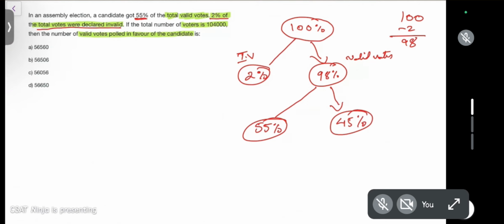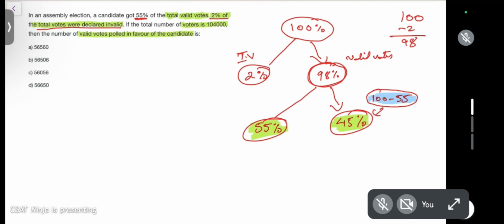Always remember, when we talk about two candidates, you refer to this one and this one. These two should make 100%. That means if this one is 55%, this one should be 100 minus 55, which is 45. Remember that, because many make mistakes here.